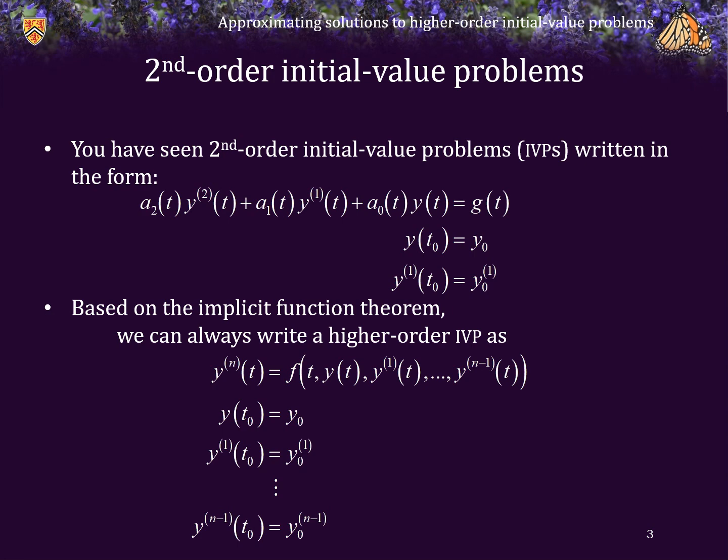So therefore the initial conditions are the value of the function at t naught, the value of the derivative, the value of the second derivative, and so on up until the value of the (n minus first) derivative of the solution at t naught.